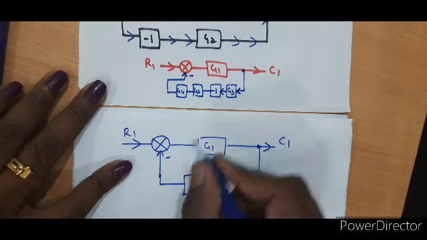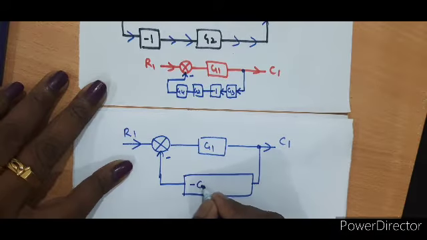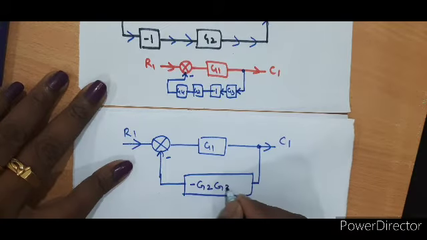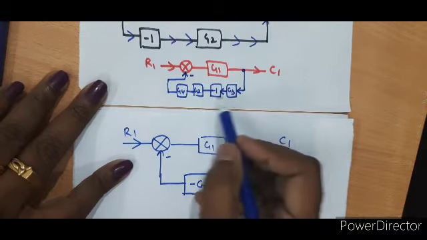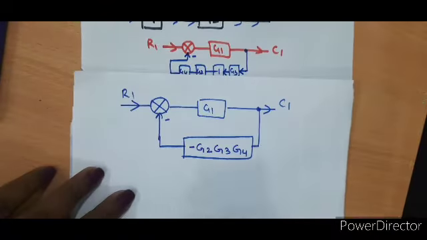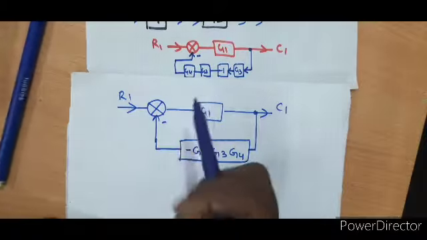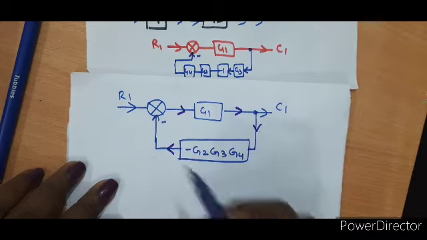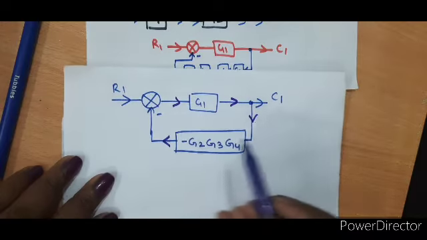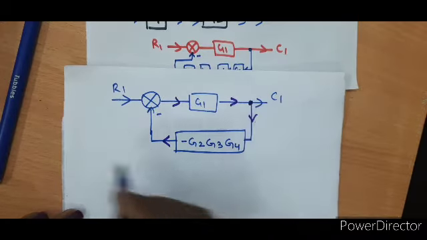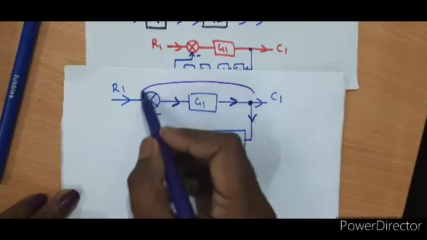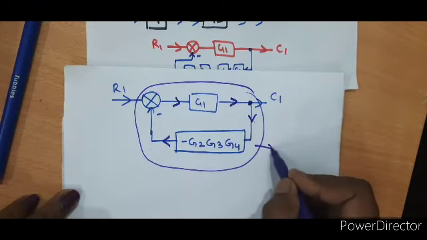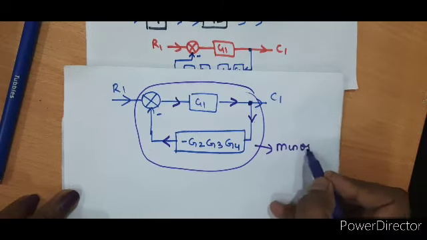After multiplication, it will be minus G2, G3 and G4. Now it shows one block in the forward path, one block in the feedback path, one summing point and one takeoff point. So this entire thing will now act as a minor feedback loop.